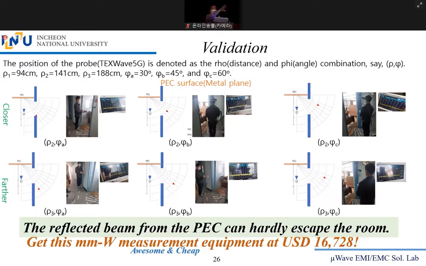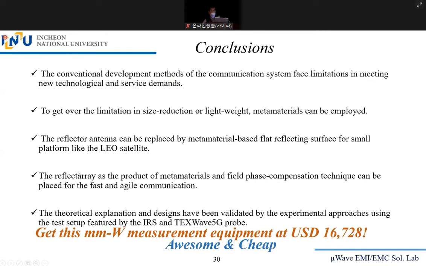Reflection can be here, a ray tube. So people might be deceived by that experiment. So my conclusion is, get this millimeter wave measurement equipment at the USD price like this. But don't be fooled or deceived by so-called metamaterial people or RIS people.